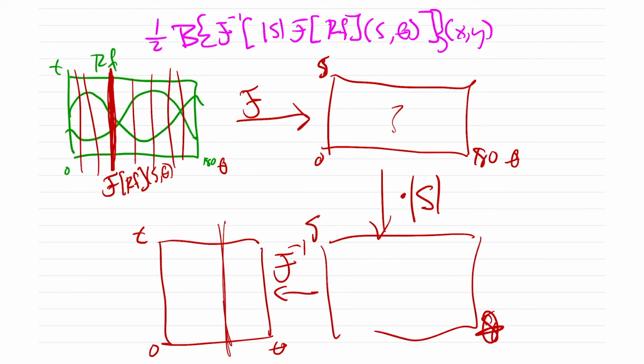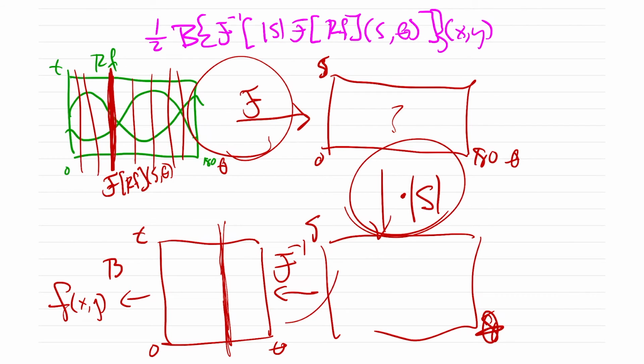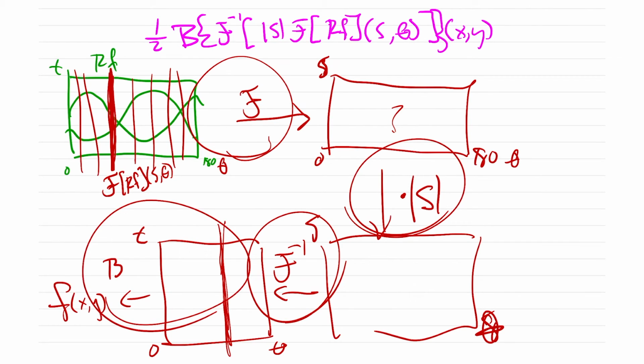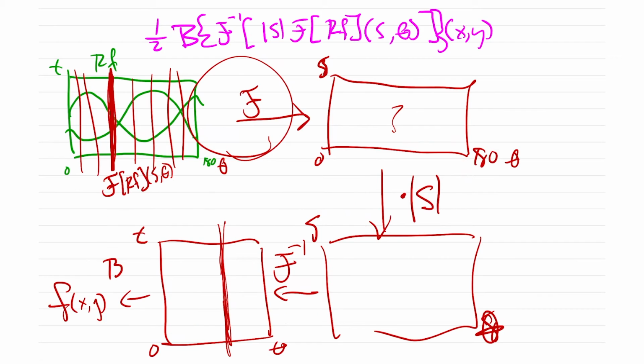And then finally you do your back projection, which basically we're going to take an average for all these thetas, and that puts you back into f of x. And so that's the idea. So you can start with a sinogram, apply a Fourier transform to it, multiply by the absolute value of s, invert that Fourier transform, and then do a back projection, and then you're good.